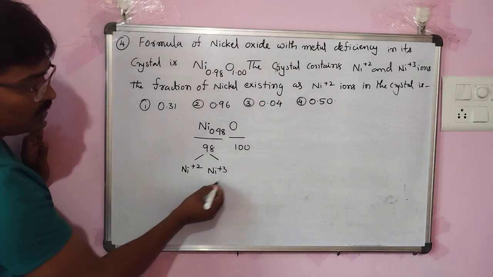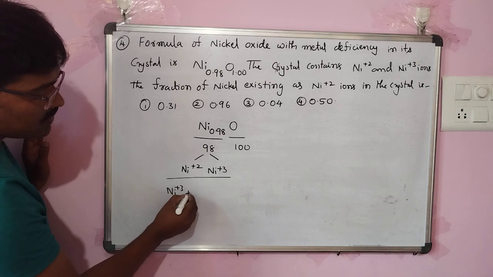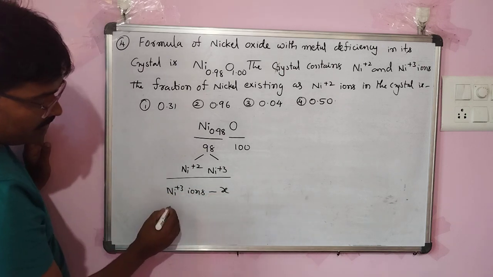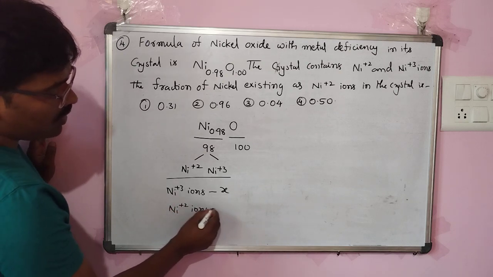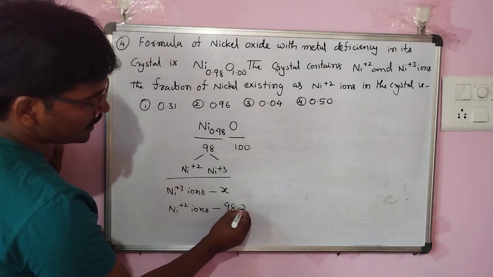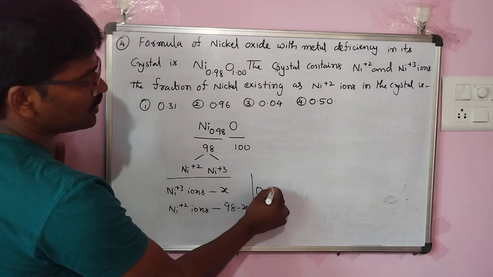So first take Ni+3 ions as X atoms. Then Ni+2 ions are 98 minus X. The oxygen atoms are 100.